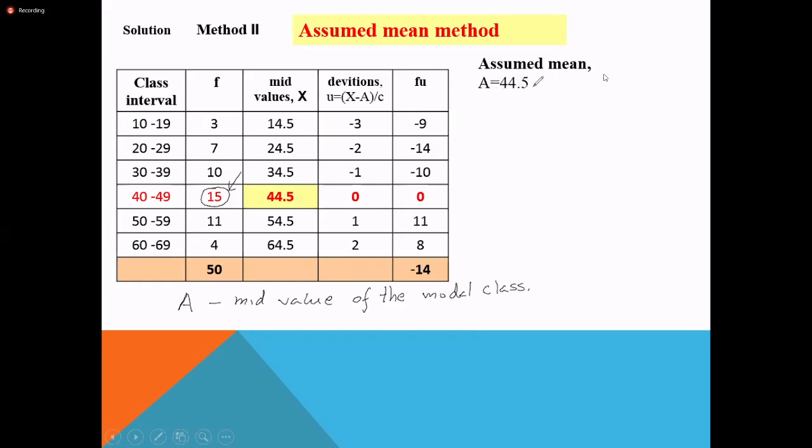Then we have to calculate the deviation. Deviation is the difference between our assumed value and the mid values of each and every class interval.